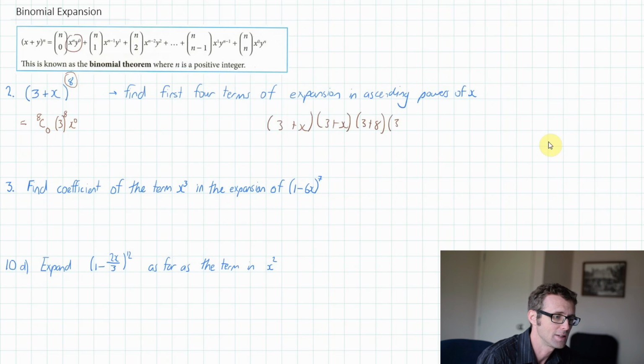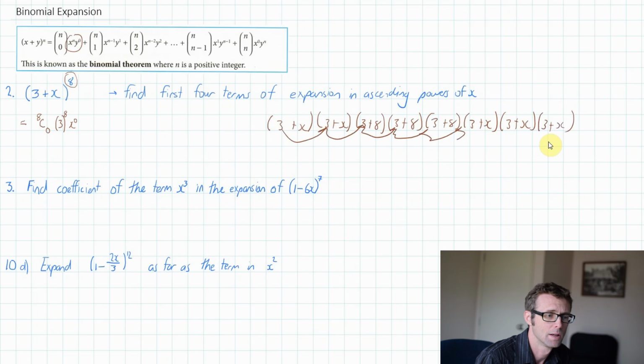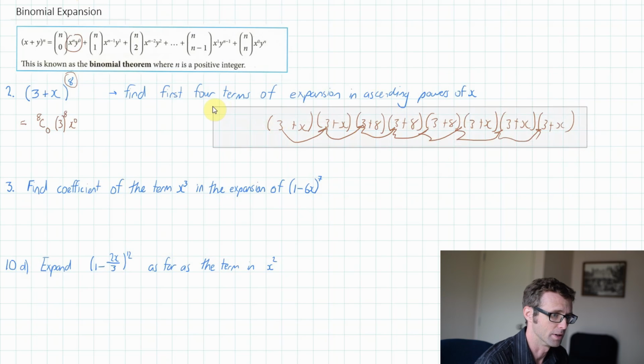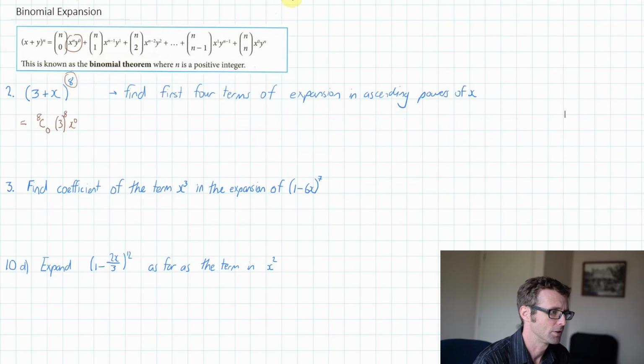And you can hopefully see that logically the only way of producing a term without x's in it is to have 3 times 3 times 3 times 3, etc. That's very messy, right? Or 3 to the power of 8. So that's what we've just done there. Let's see if we can delete that quickly. Okay, brilliant. So that's where we're at with this.